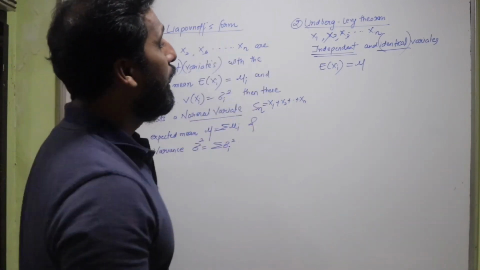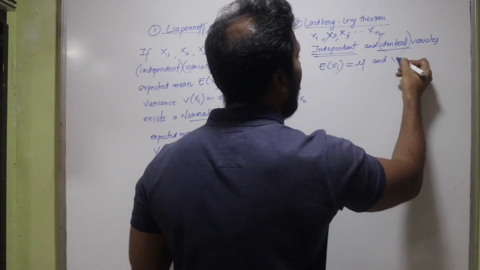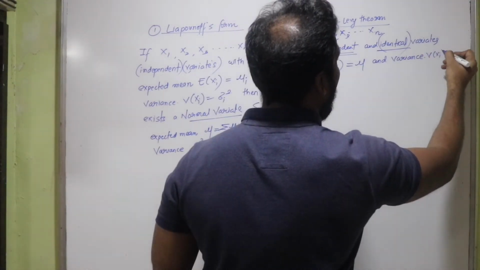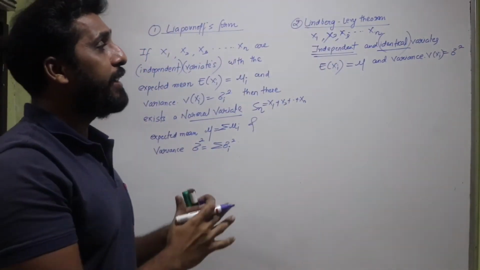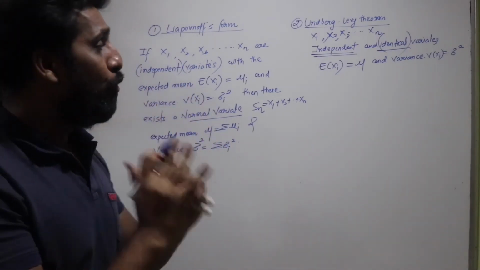So here E of xi is given as mu and the variance V of xi is sigma square. Every variate will have the exact same expected mean and the exact same variance.